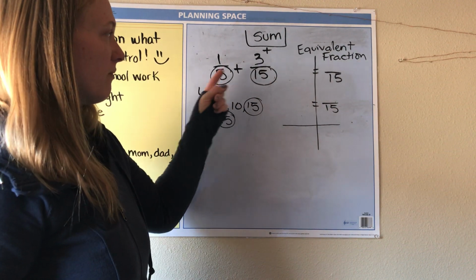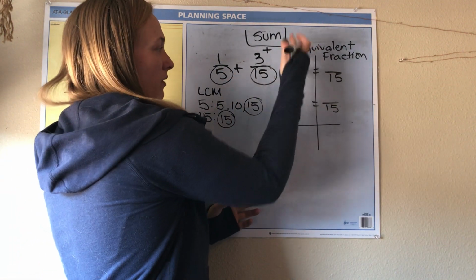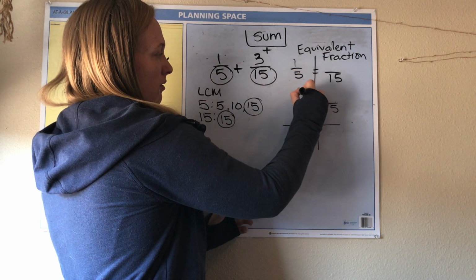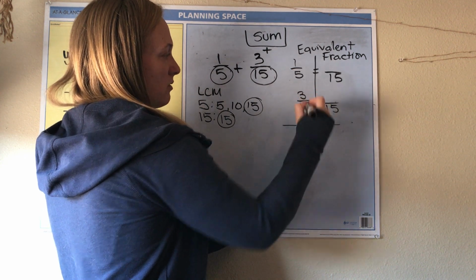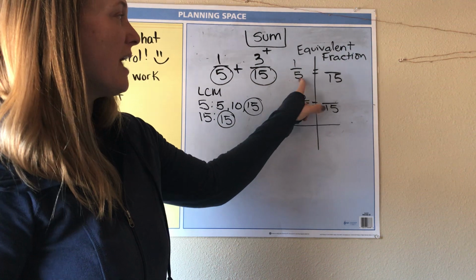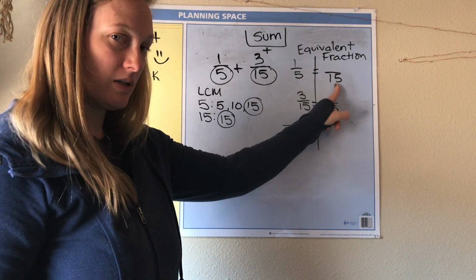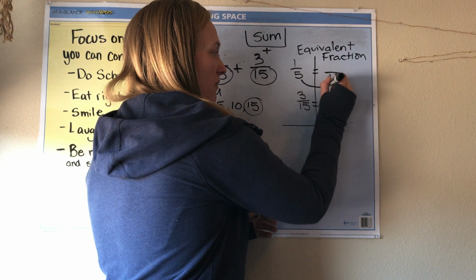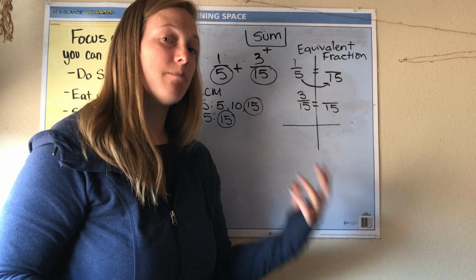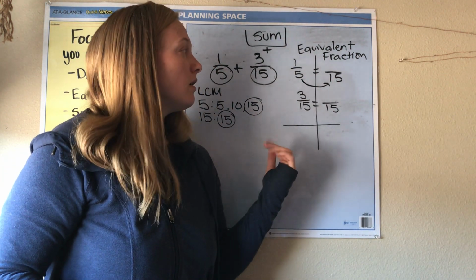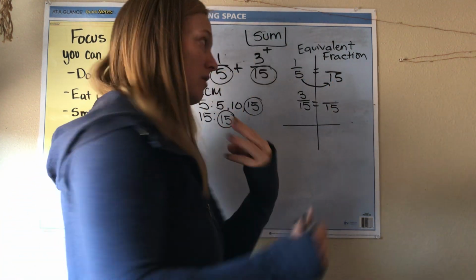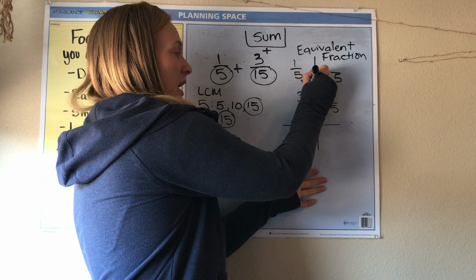I'm going to take my original fractions and rewrite them over on this side. 1/5, 3/15. Okay, now I'm looking at my denominators because that's what I have in both of them. 5 to 15, how am I getting there? What am I multiplying by? 5 goes to 15, multiply by 3. So I'm going to show that, multiplying by 3.